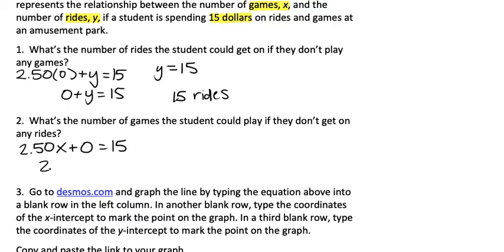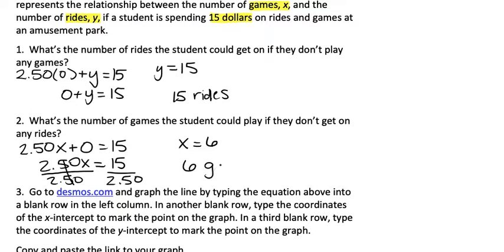Or in other words, 2.50x equals 15, which we would solve by dividing both sides of the equation by 2.50. And if we do that, we would get x equals 6. So that means that the student could play 6 games if they did not go on any rides.